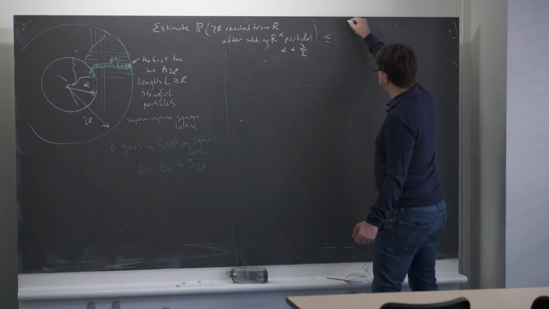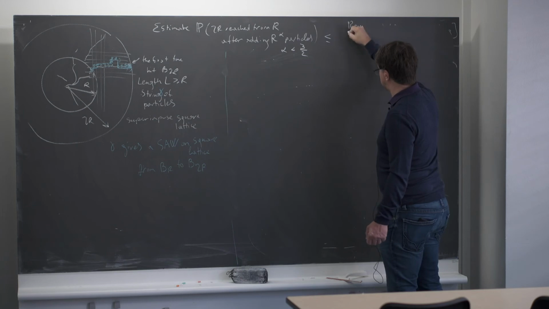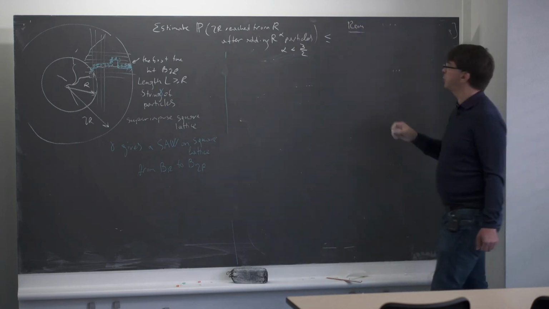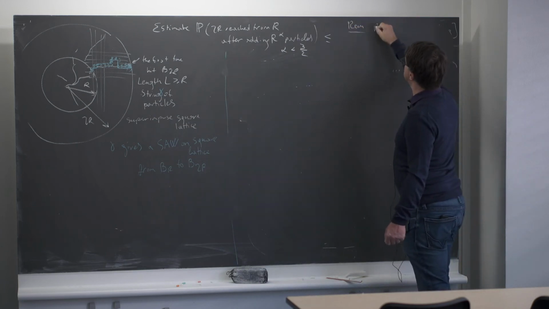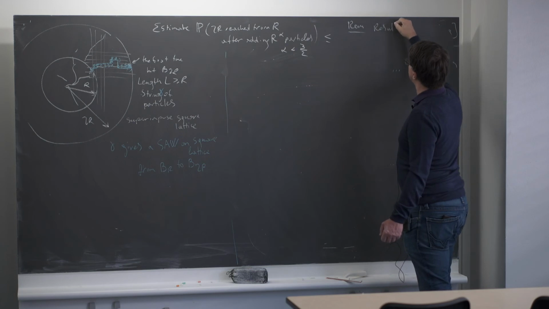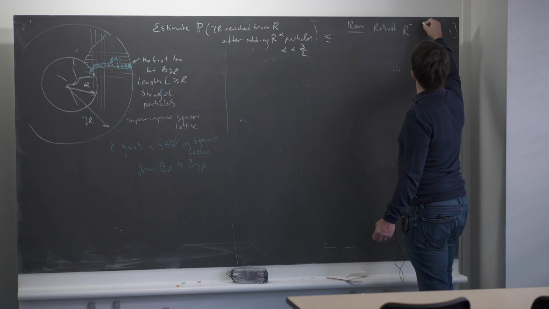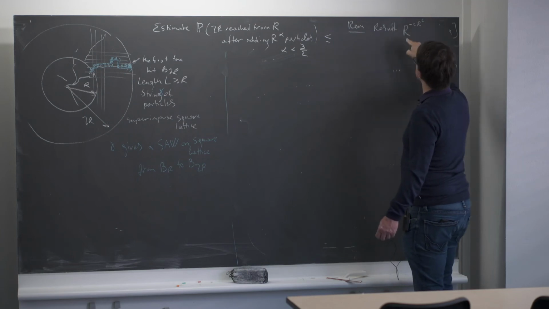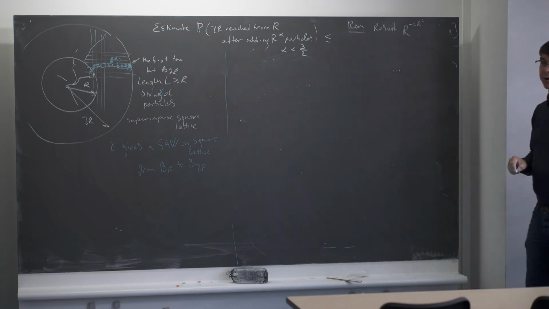I will write immediately a small remark. My result will be of the form r to the power minus constant r to some power. So this is a very, very small number if r is big.